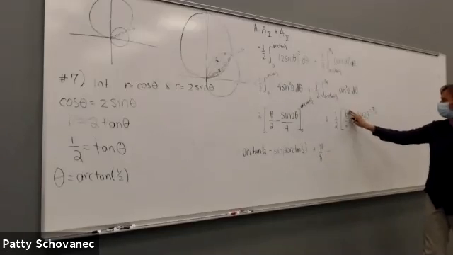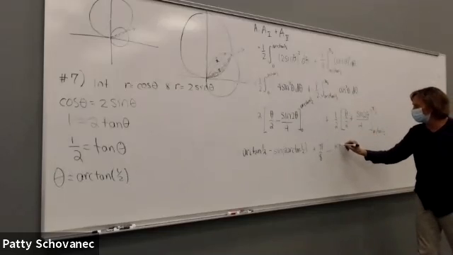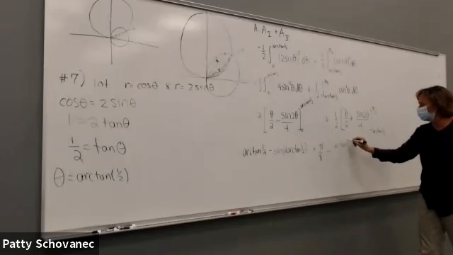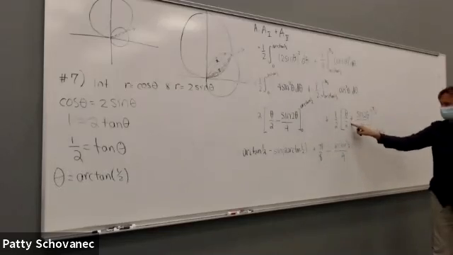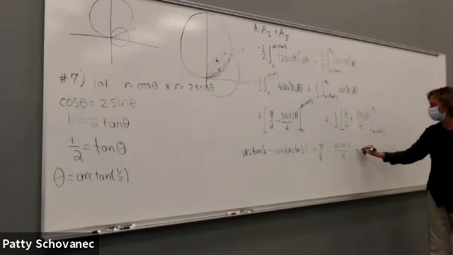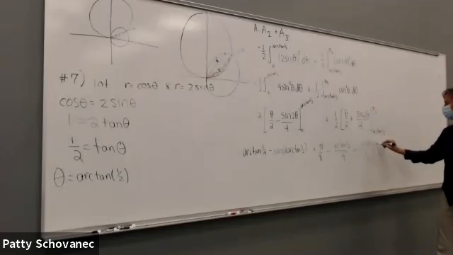Put the arctangent of 1/2 here, so I'm going to have minus 1/4 of the arctangent of 1/2. And then minus, since I'm subtracting the lower limit, 1/8 out here of the sine of 2 times the arctangent of 1/2.